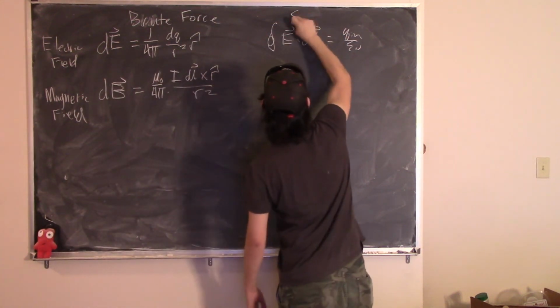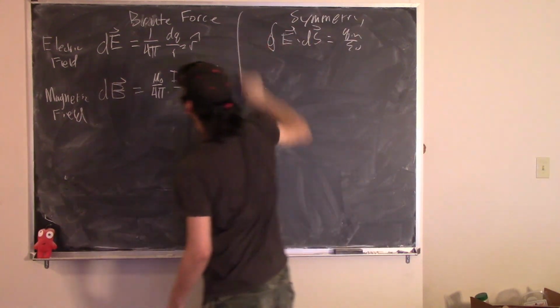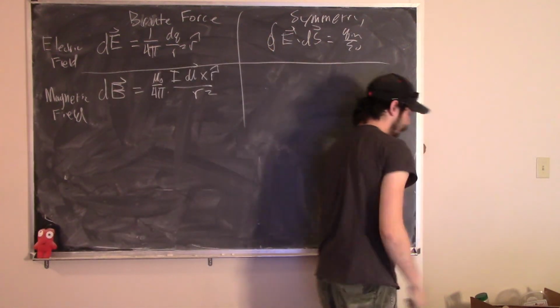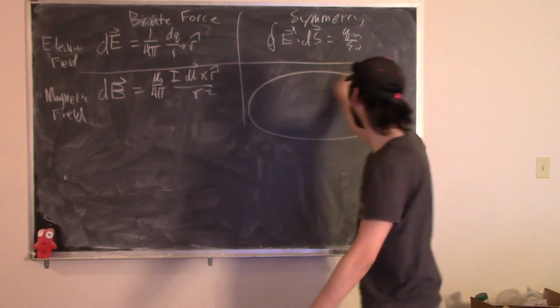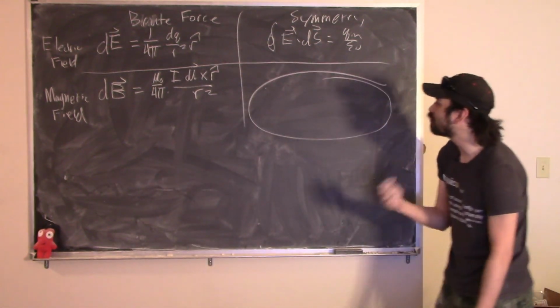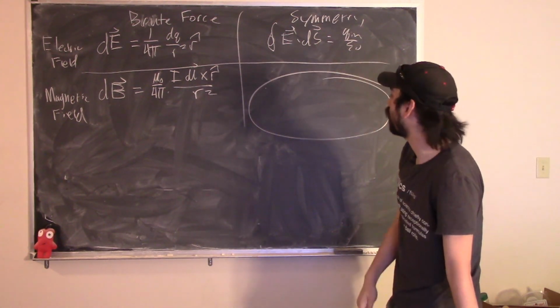And then this is symmetry. Right? So we have this nice table that we could draw here. And the physics is really begging for one more equation. Some way that we can calculate magnetic fields using some type of symmetry argument.